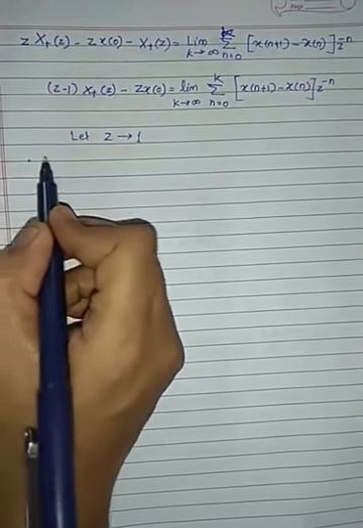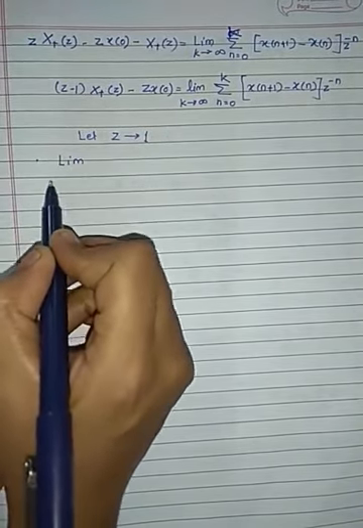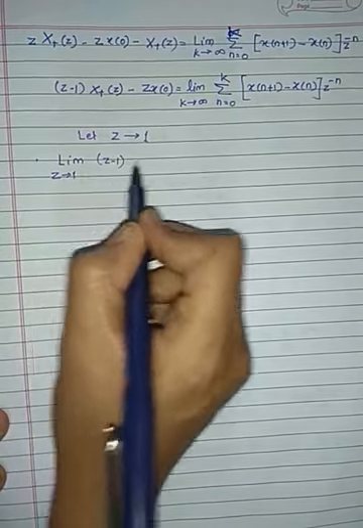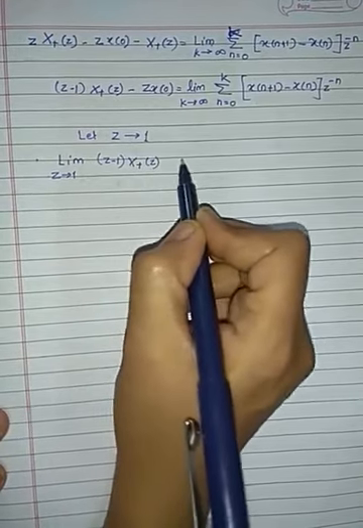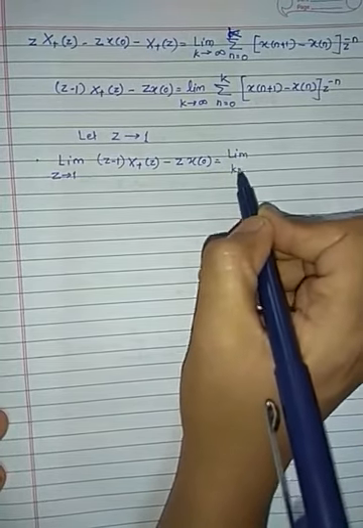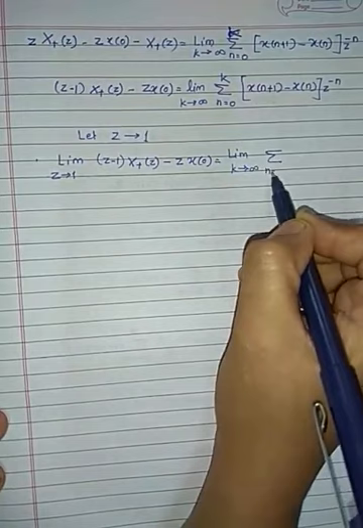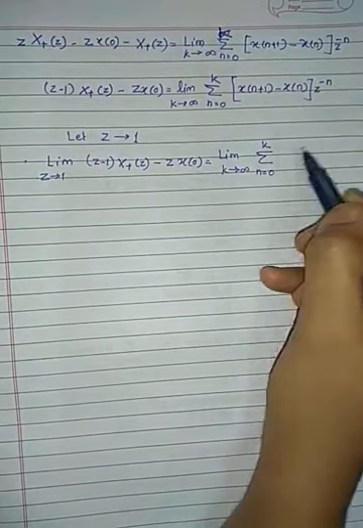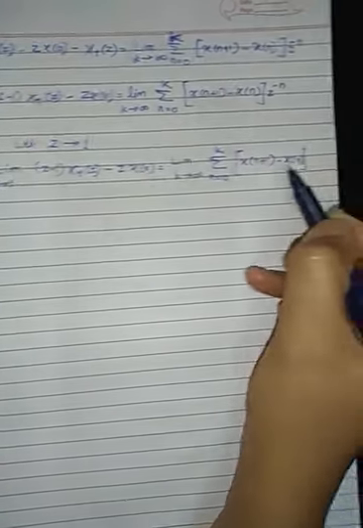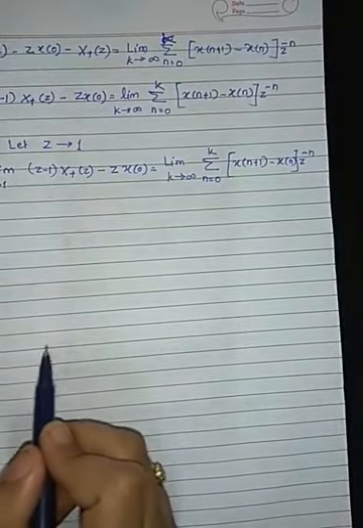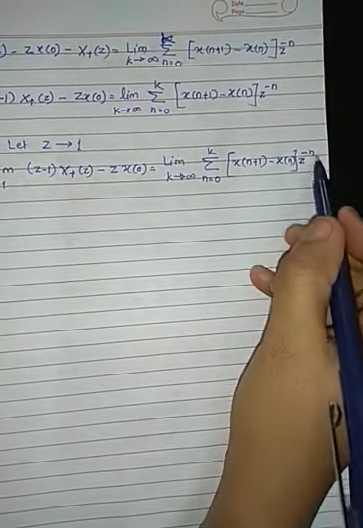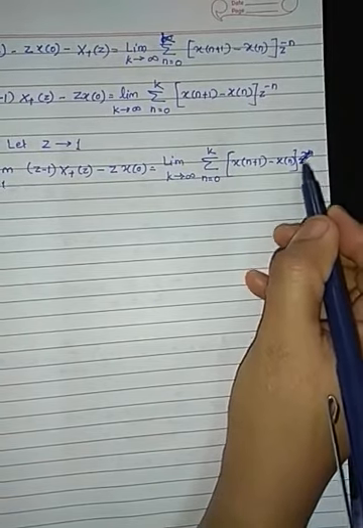Then we have the limit as z tends to 1 of (z minus 1) X plus of z minus z x of 0 equal to the same summation. Okay, and as z tends to 1, z raised to minus n will be equivalent to 1, so we can neglect this term.